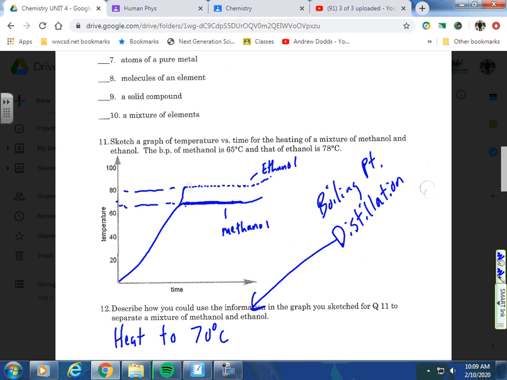At 70 degrees Celsius, the methanol would boil off, leaving ethanol. Okay, so that's distillation. We talked about some of the different separation techniques, filtering based on size. We could also talk about solubility. If something dissolves in something, that can be another way to separate things. We talked about magnetism being used if we're trying to separate something that's magnetic, like iron. And what else do we say? Distillation right here, based on boiling point.